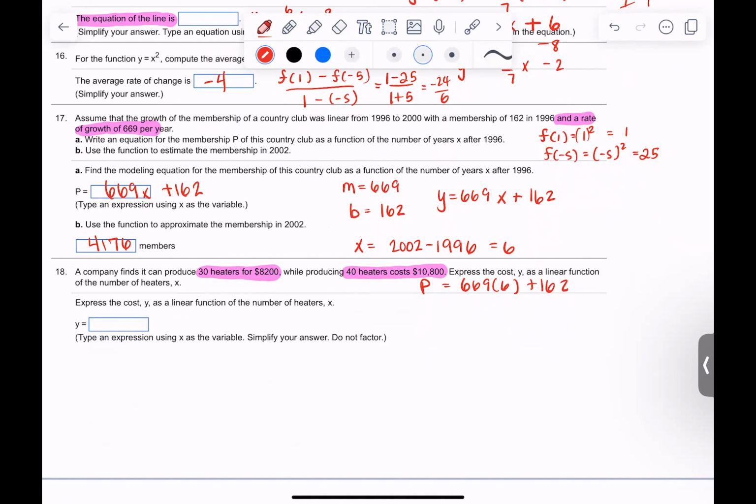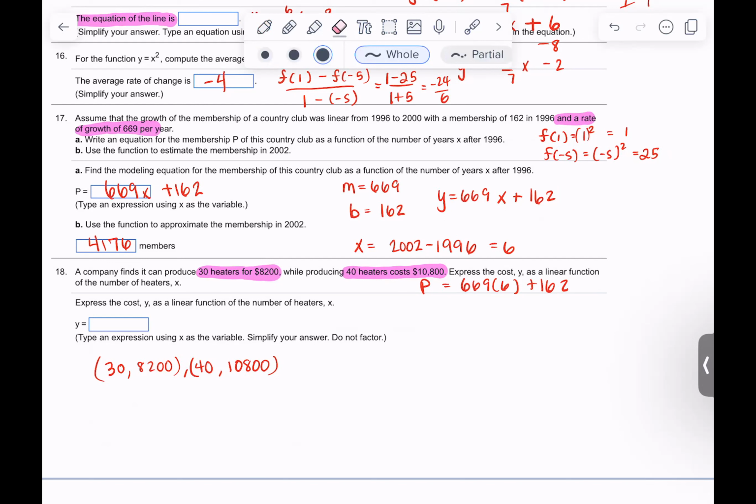So what are my two ordered pairs? My two ordered pairs would be (30, 8,200) and (40, 10,800). So we're going to use those two ordered pairs to derive the equation.